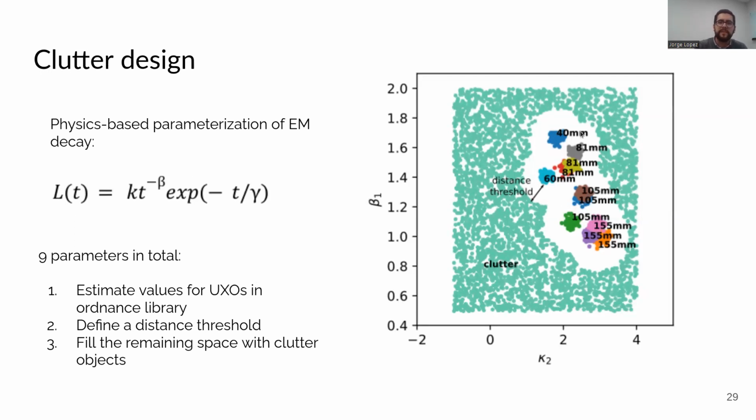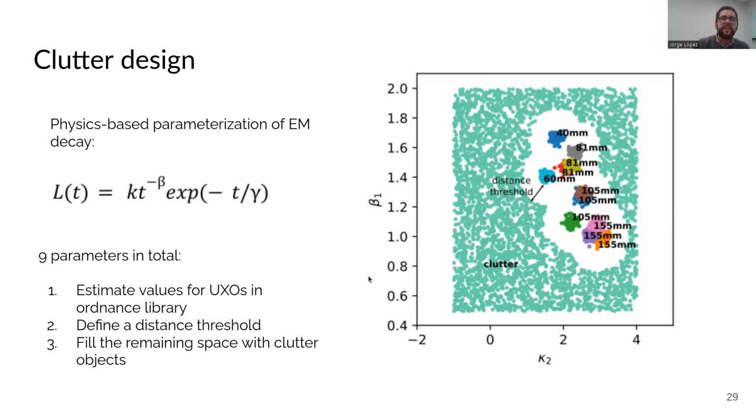The way we did it is we estimate these parameters for the UXOs, which is the plot I'm showing here. It's a simplified version, of course, because we have only 2 parameters here. In reality, it will be a 9-dimensional space. We estimate the values for each of these UXO objects, and these are all the values that we estimate here.